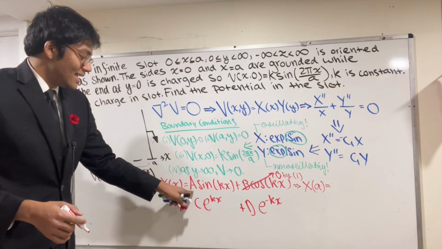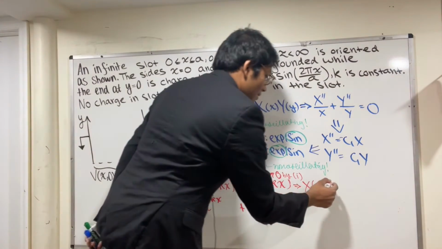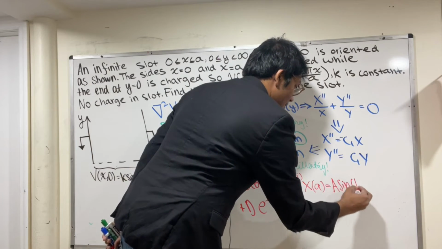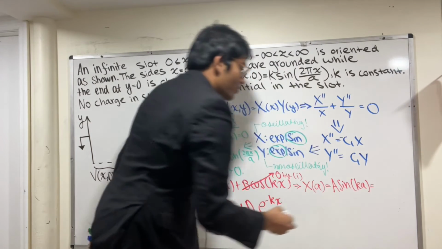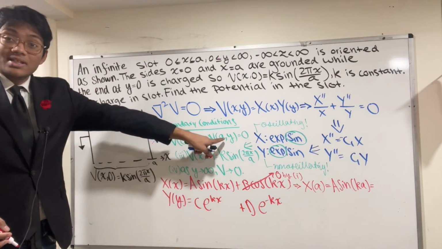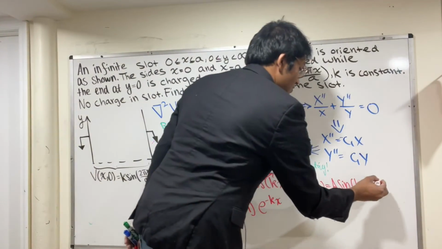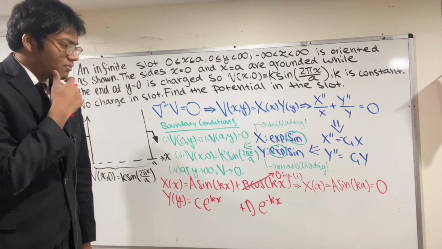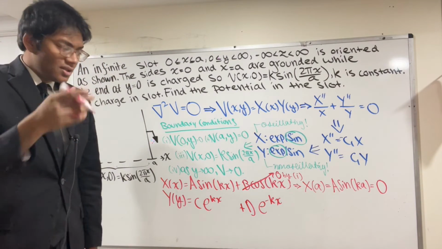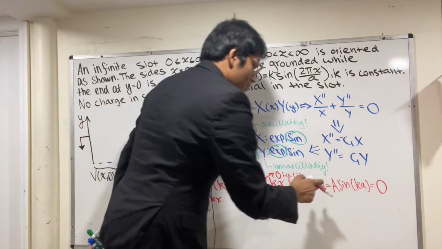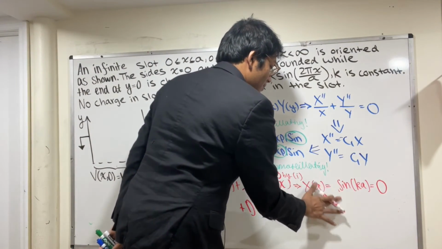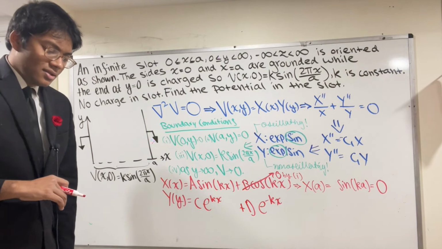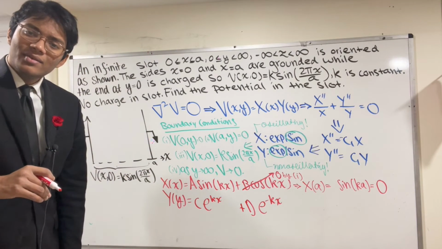So X of a is a sine k times a. And we know the potential has to be 0 there. Okay, how does that help us? Let me divide both sides by a. So I'm left with sine of ka is 0. But when is sine 0?